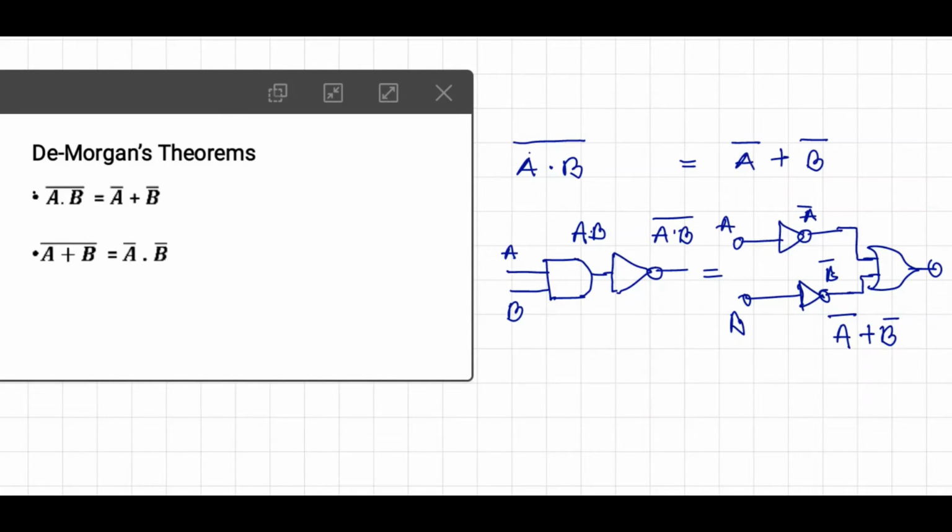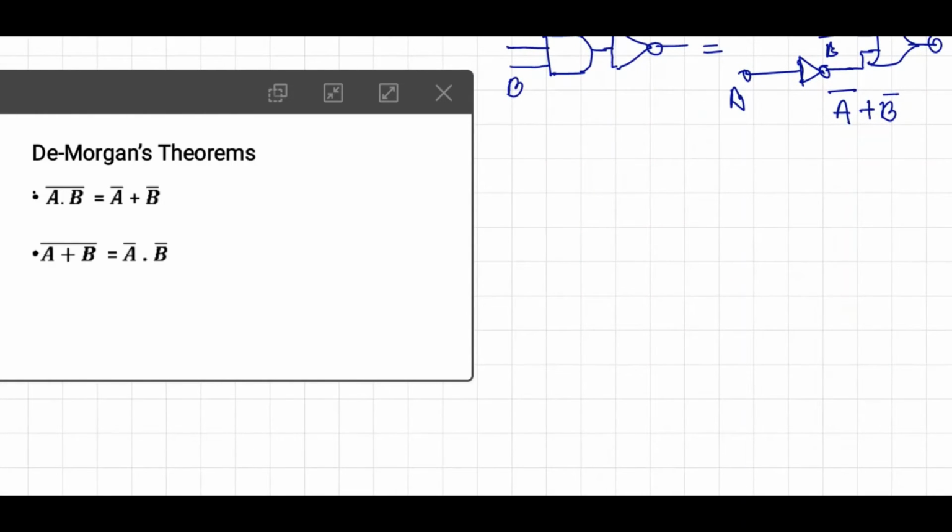So this is the logic circuit associated with De Morgan's first theorem, that is, complement of A dot B is exactly equal to the summation of complements, A complement plus B complement. Similarly, we can draw the circuit for the second theorem. Here we have complement of A plus B is exactly equal to the product of complements.